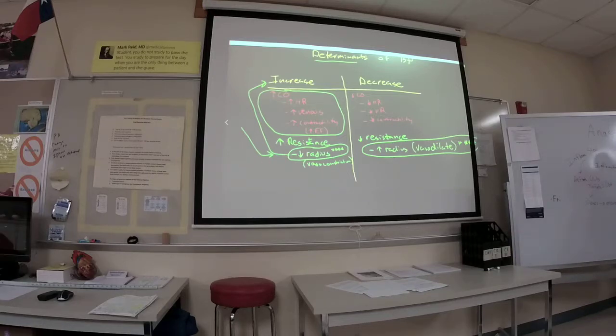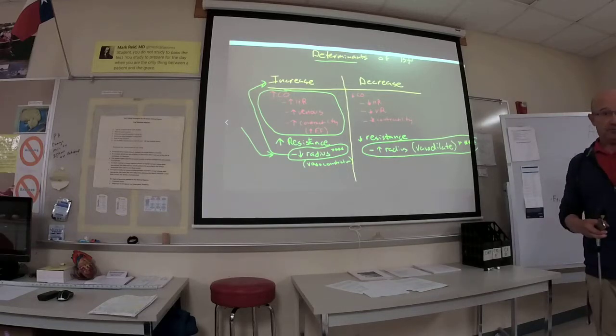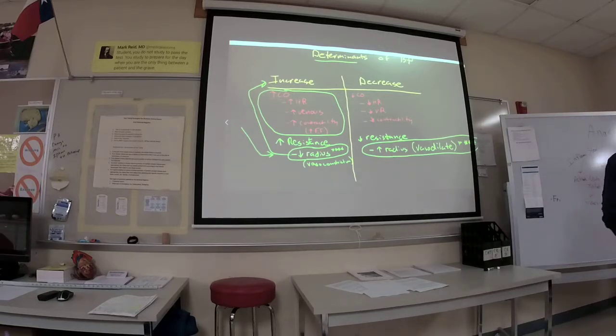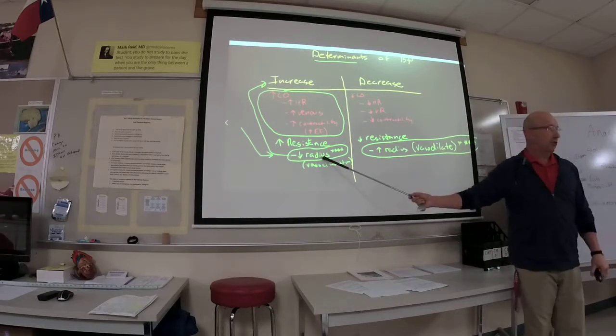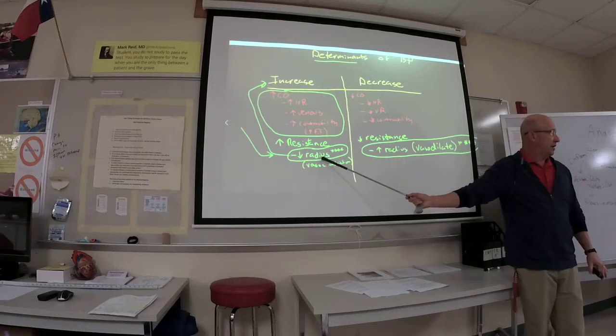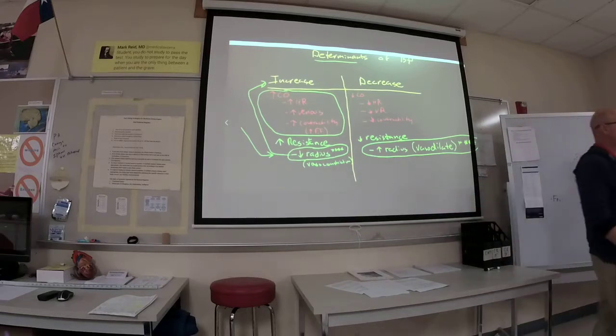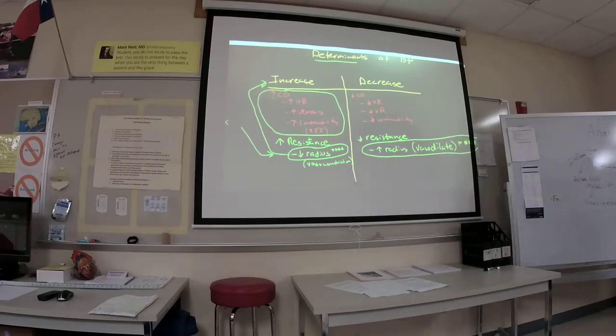So maybe we want to give the patient a vasoconstrictor. Where would this fit in here? You want to decrease the radius of the vessel. What pathophysiology have we talked about that you know about that you would want to do that? When your blood pressure's low.